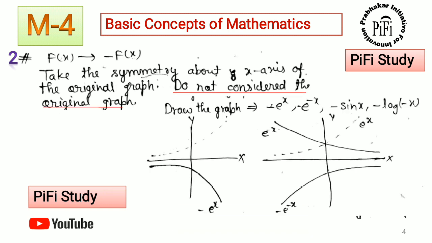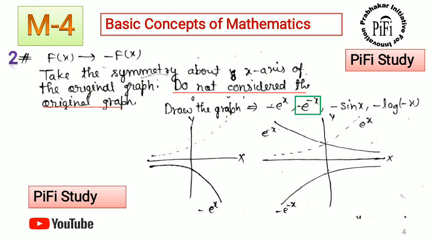Like drawing the graph of minus e to the power x. First draw the e to the power x graph, then take the symmetric about the x-axis. That means put a mirror on the x-axis and draw the mirror image on the negative side of the y-axis. So you will get the minus e to the power x plot.